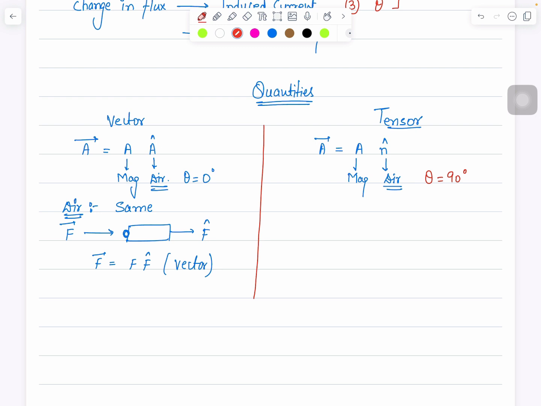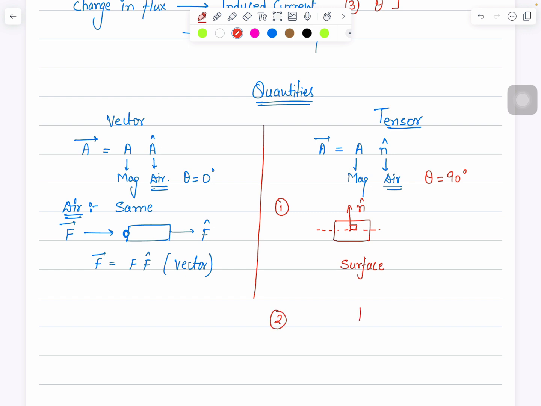If I say magnitude and direction, let's say this is your surface. What is the direction of this surface? Can you say the direction of the surface is this one, n cap? Yes or no? So it is at 90 degree to the base. It makes an angle of 90 degree. Similarly, this is case 1. Let's say case 2.